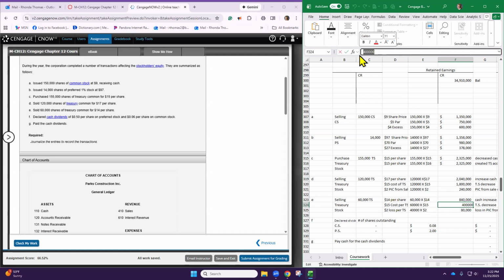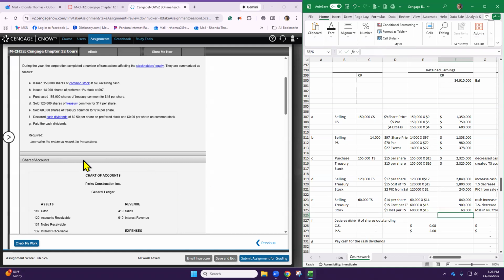So we've got equals 60,000 times 15. And then the difference, right? The difference is $1 loss. So we have $1 loss per treasury share. Okay, there's $1 difference. So 60,000 times $1 is 60,000.